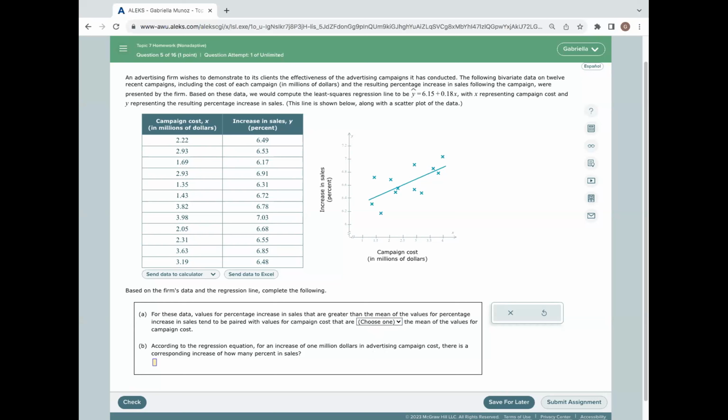That's odd. The percentage increase in sales that are greater than the mean value for percentage increase in sales tends to be paired with values for campaign that are blank, the mean values for the campaign cost. I guess greater than. It's written a little weird.